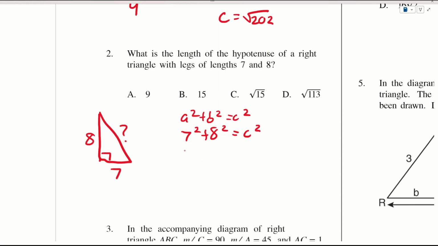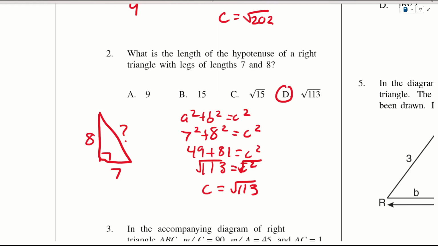And basically do the same thing by squaring our numbers. Then add 49 plus 64, which is going to give us 113. Take the square root of both sides. Our answer is going to be c equals root 113. This is going to be D as the answer.